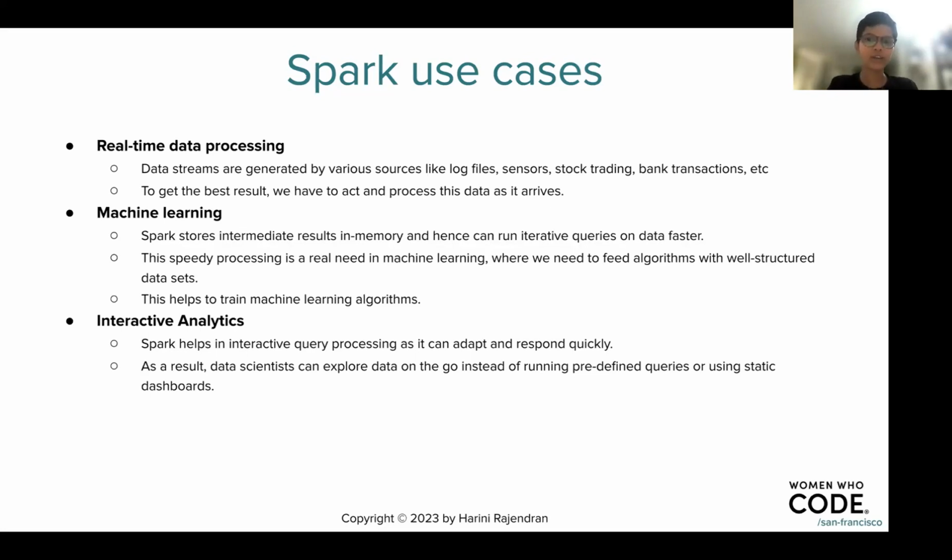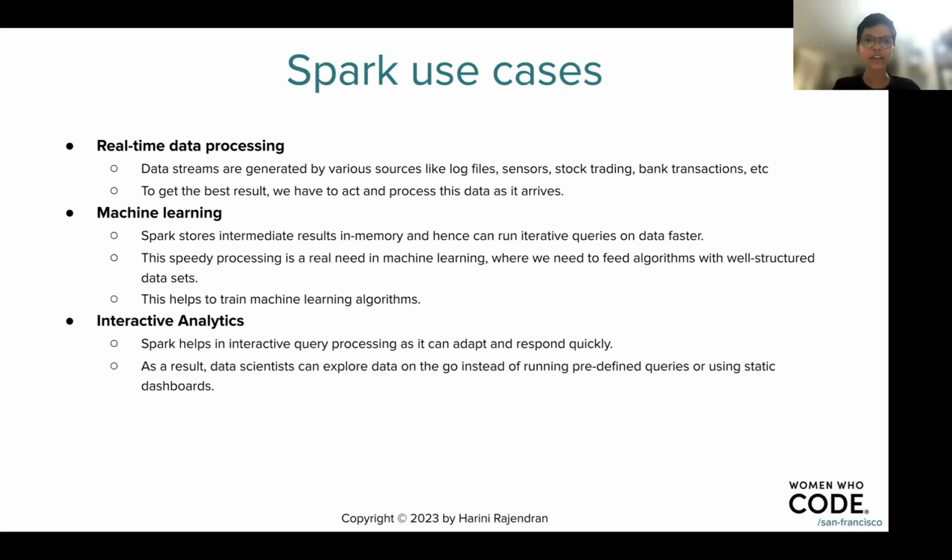These are usually data that's very sensitive to how fast you process it. For example, a bank transaction for fraud analysis, you'll have to catch it probably within a few hundred milliseconds, so that you can just block the transaction from going through.